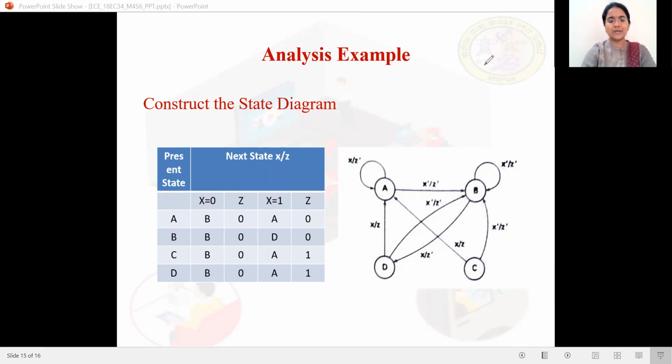We have to check the next state and then write the input and output beside the directed arcs. Here, this is the input and this is the output.